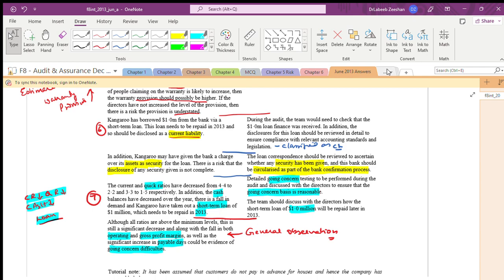Just write down the things. I will also write, okay? By the end of the day, I should know which files I should send to you. June, we have June 2013, right? Questions and answers.